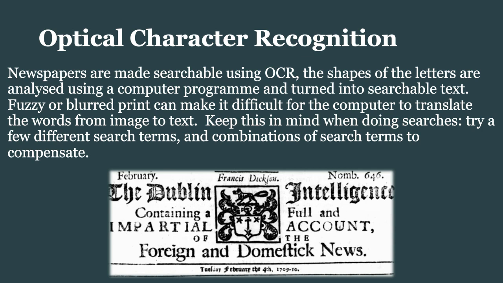Now, as you can appreciate with newspapers, particularly where they are very faded, some of the parts of the letters can appear to be missing as far as the computer is concerned. And if we look at the example that we have on the screen, if you just look at the bottom line, foreign and domestic news, you all know that F shape that is in fact an S in the 18th century, and I'm afraid that does rather confuse the computer.